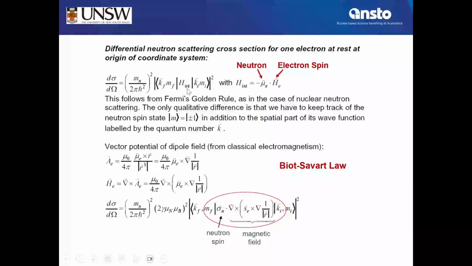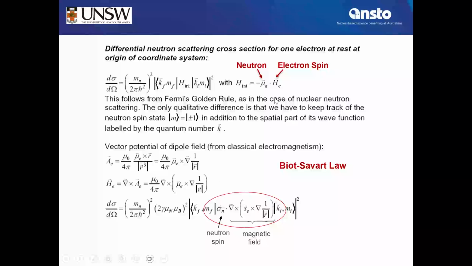Let's have a look at the interaction potential. The interaction potential is the neutron magnetic moment times the vector potential of the electron spin. Looks messy what you see here, I have to admit that. But if we have a closer look, I think all of you should know about that.